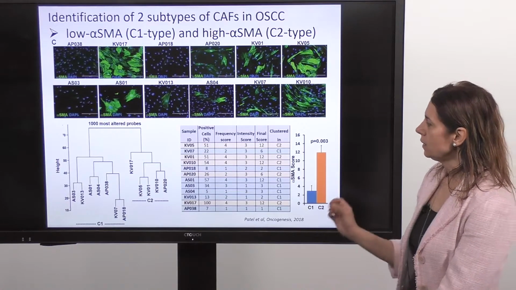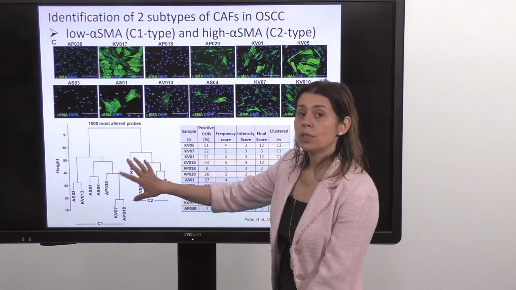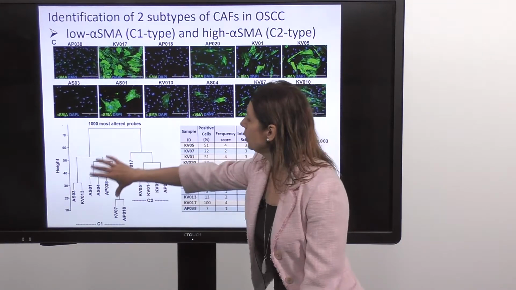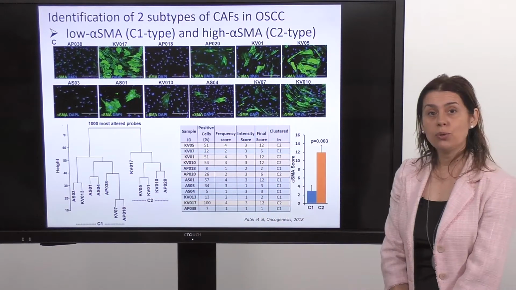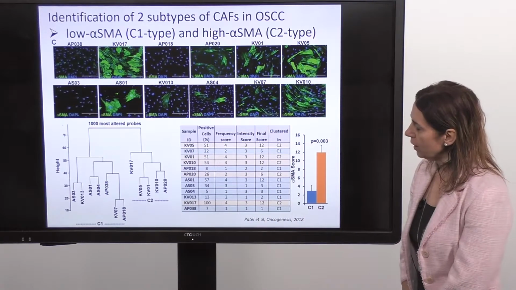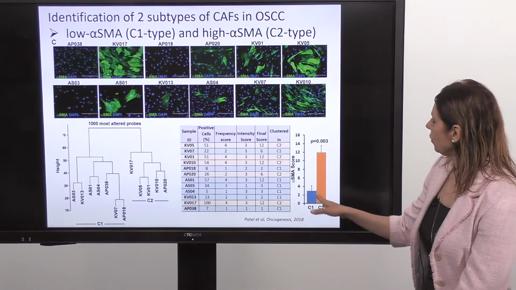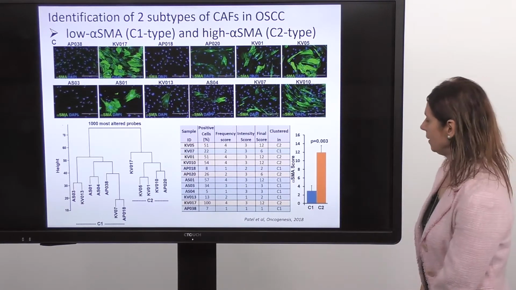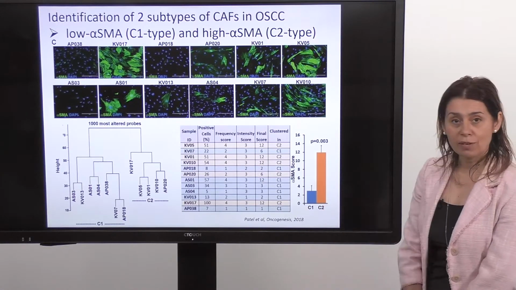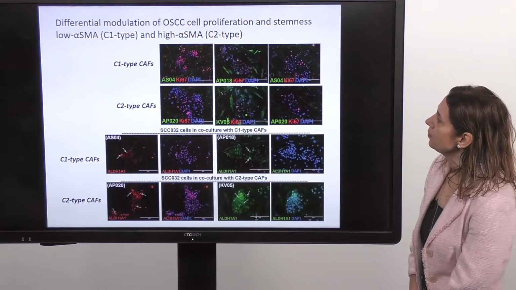Interestingly, when they did transcriptomics, and here you see the dendrogram, with an unsupervised clustering of the 1,000 most altered probes, they could cluster the fibroblasts in two clusters. They named them C1 and C2. And interestingly, they seem to correlate with the clustering according to alpha-smooth muscle actin. C1 were the fibroblasts with low expression of alpha-smooth muscle actin, while C2 had high expression of alpha-smooth muscle actin.